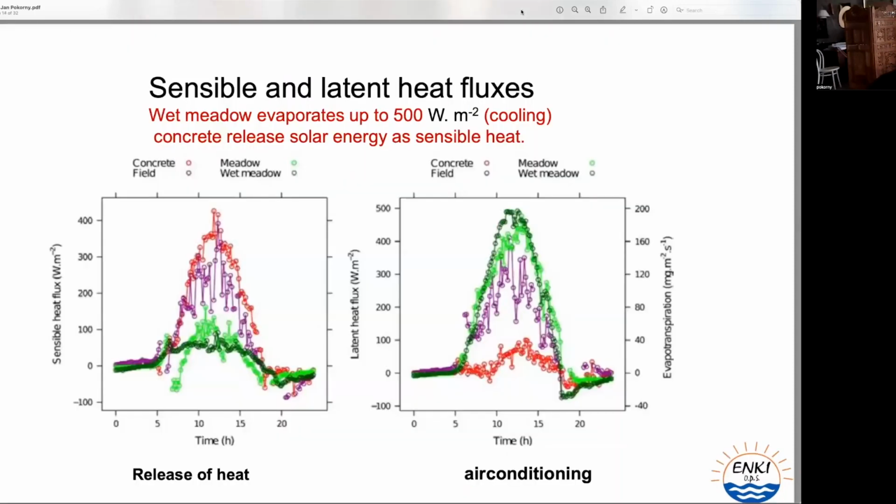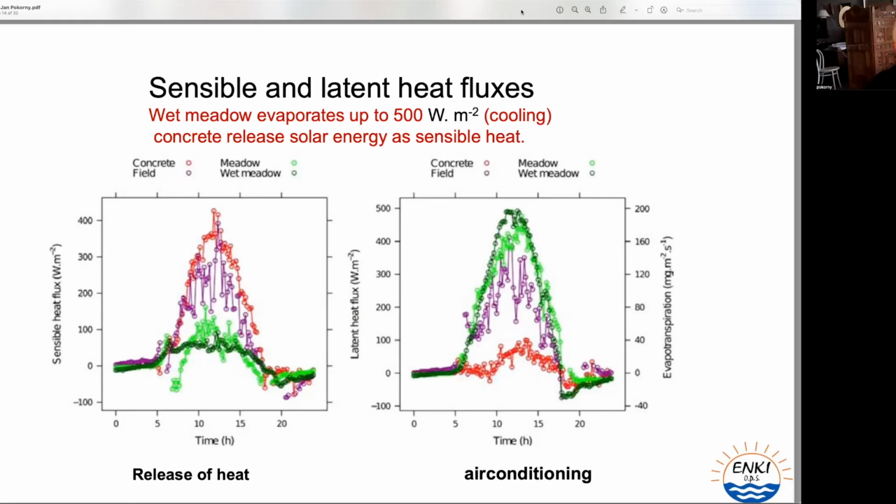Next one. When we do it scientifically, we can compare what is happening with the solar energy on concrete, on a field, on a meadow or a wet meadow. On the right-hand side, there is the rate of evapotranspiration expressed in milligrams per square meter per second, or as a latent heat flux in watts per square meter. We are looking at the right part. The green one is a wet meadow.